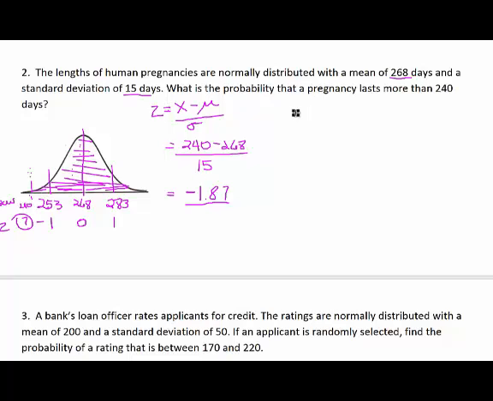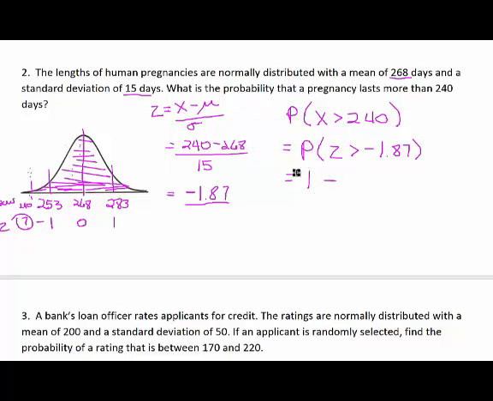So now, what's the probability that a pregnancy lasts more than 240 days? That's exactly the same thing as saying, what's the probability that z is bigger than negative 1.87? Remember, the chart gives us the boundary to the left, and what we want is to the right, so we have to do 1 minus.